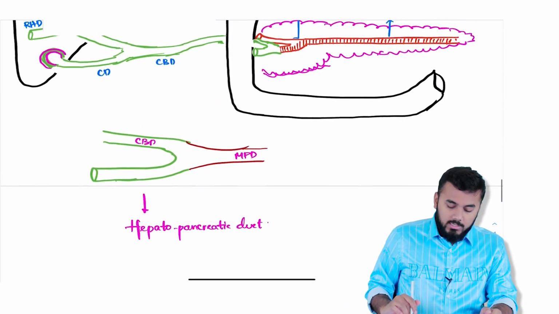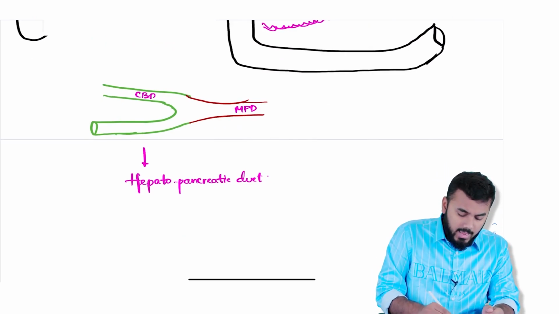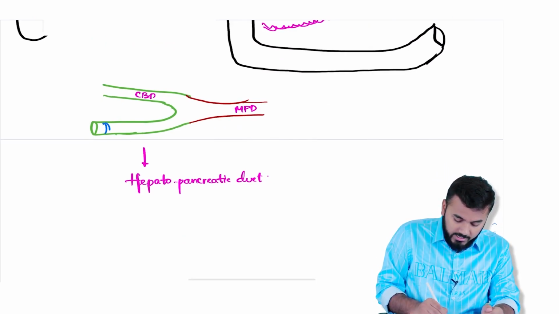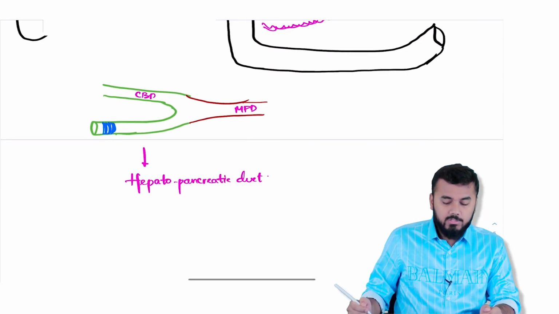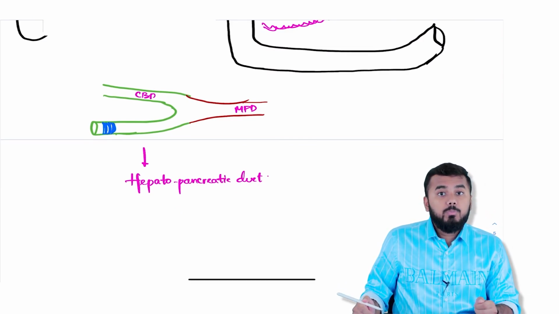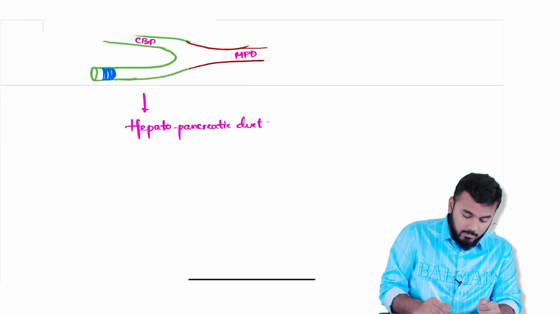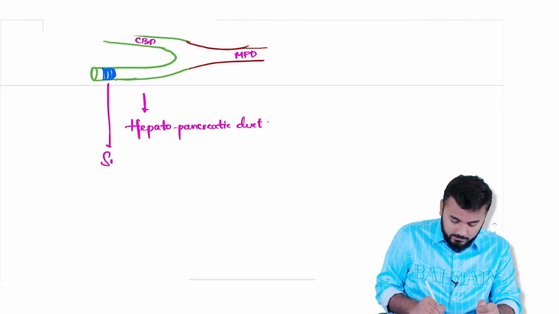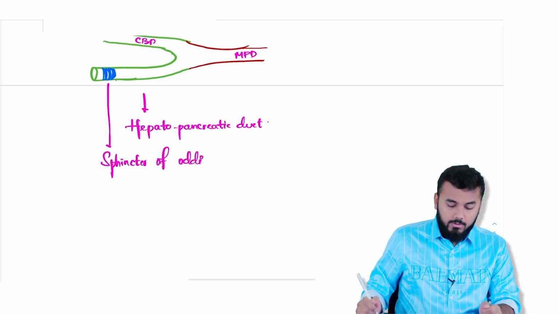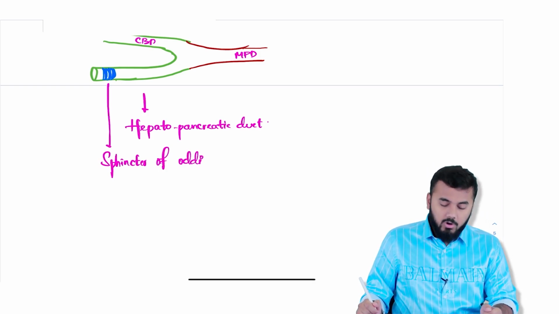Now this hepatopancreatic duct has a small sphincter on its top. The name of this sphincter is the sphincter of Oddi. What is the name of this sphincter? Sphincter of Oddi.